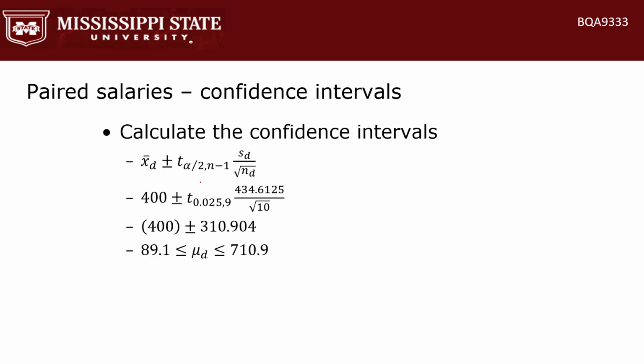So as with the spreadsheet, we have the t alpha over 2. We're doing a two-tailed. We've got n-1, 9 degrees of freedom. We've got S, which was 434, over root n. And we basically calculate the margin of error and then add it to the mean, basically the mean difference.